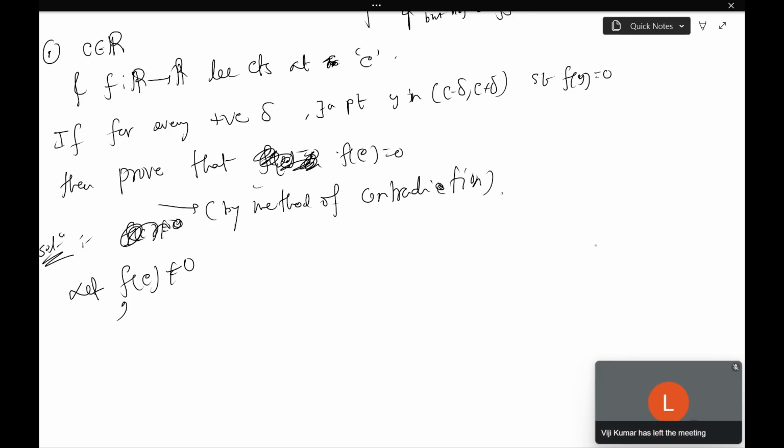So let f(c) not equal 0. Obviously it is either greater than 0 or less than 0, so I'll assume f(c) is greater than 0.